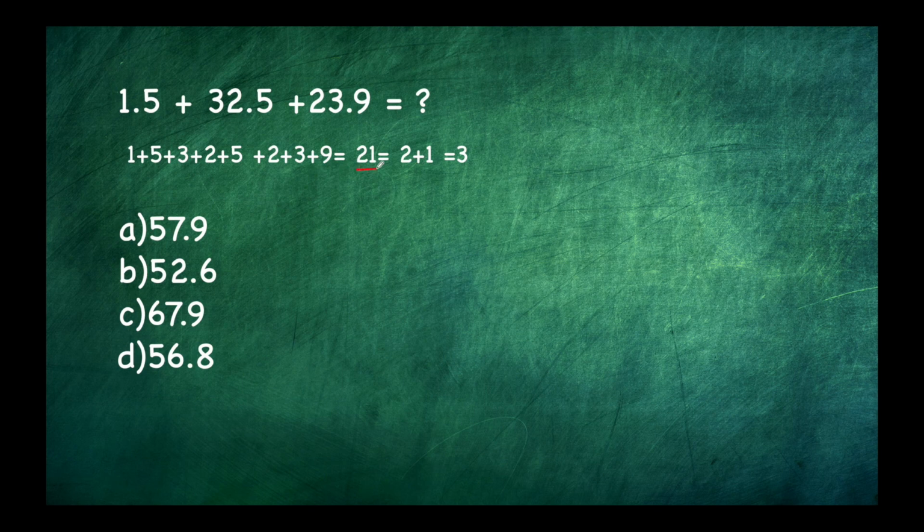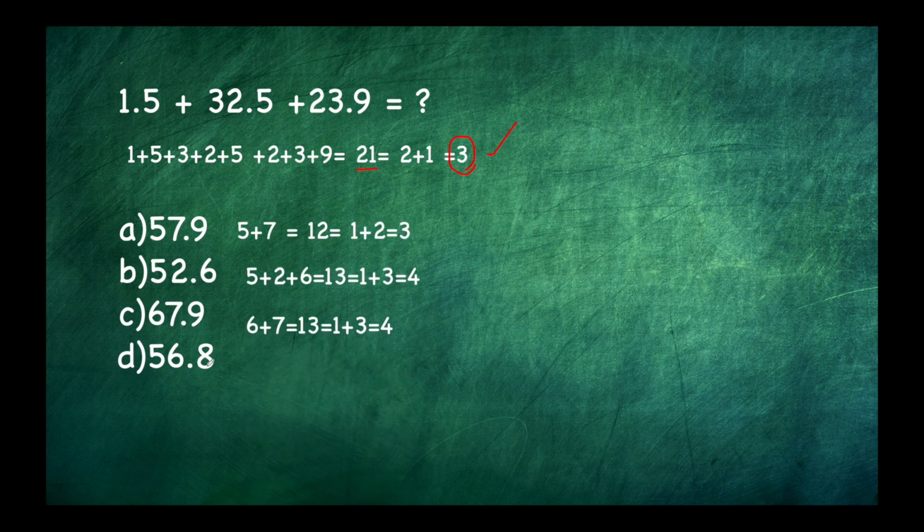So we will get 21. Again add 2 plus 1, which is equal to 3. So the digital sum for this question is 3. Now check the options. The first option is 3, the second option 4, the third option 4 and the fourth option is 1. So this is equal to 3. So the correct answer is option A.